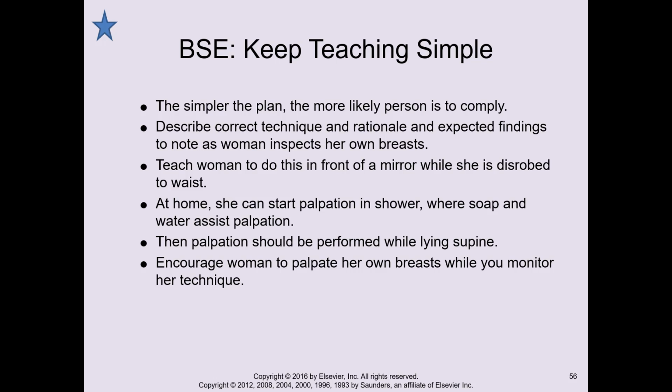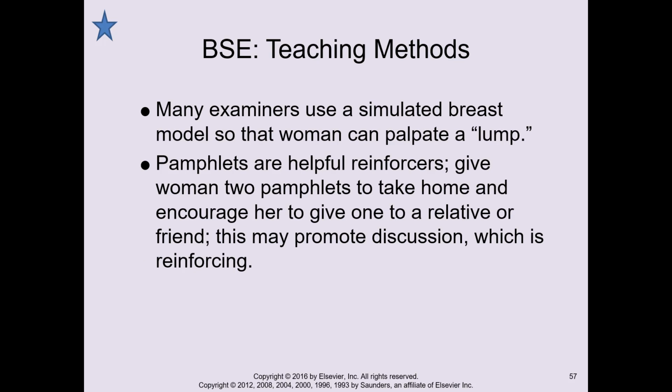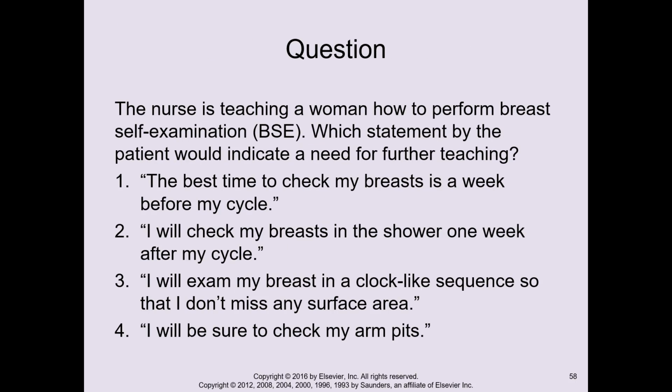We want to keep the teaching simple, so have a simple plan. Describe the plan. There's at least one basic teaching in your Jarvis textbook, but you can find others online. And women can do this right after their shower. Like I said, once a month is perfect.